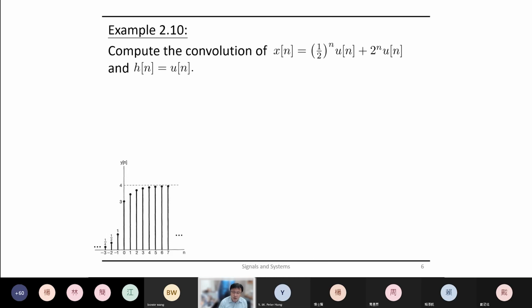Now, if you want to compute the convolution between these two, you can, but it's quite tedious to evaluate the convolution directly.